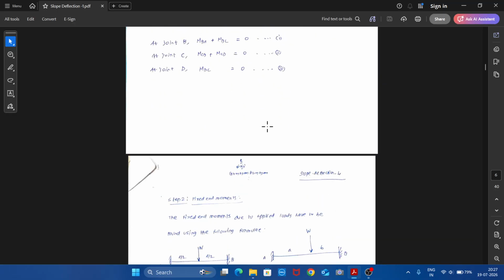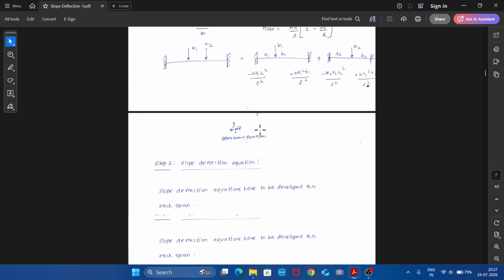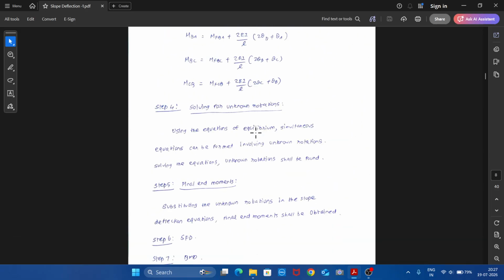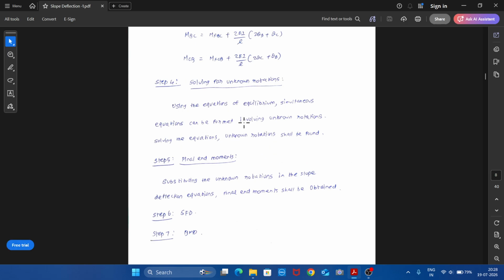So if you substitute these, you will get 3 simultaneous equations, as 3 unknown rotations are involved. Those simultaneous equations can be solved and the unknown rotations can be found. Now, by substituting these unknown rotation values in the slope deflection equation, you will get the final end moments.